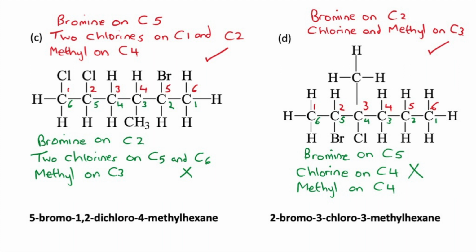If I'm going to name this compound, I have a bromine on carbon 2, and I have a chlorine on carbon 3 and a methyl on carbon 3. I have to put the substituents in alphabetical order. So bromo comes before chloro, which comes before methyl. So the name of this compound is 2-bromo-3-chloro-3-methylhexane. And I put hyphens between numbers and words here.